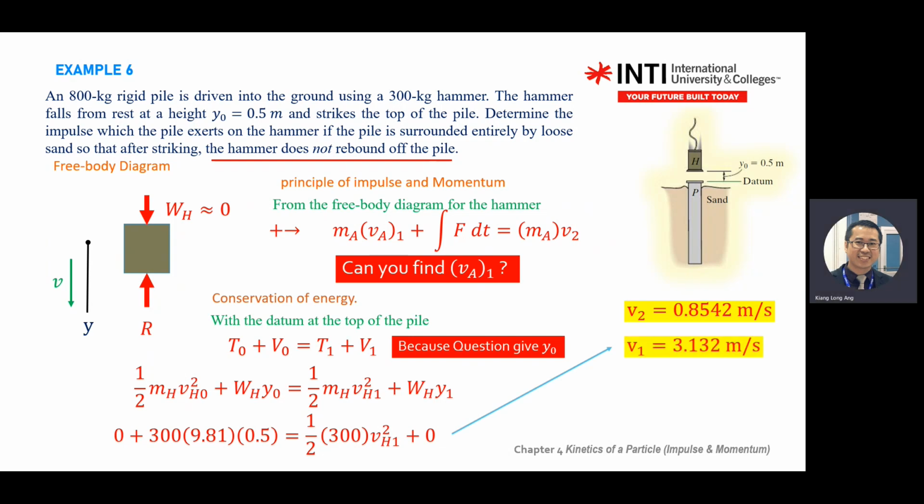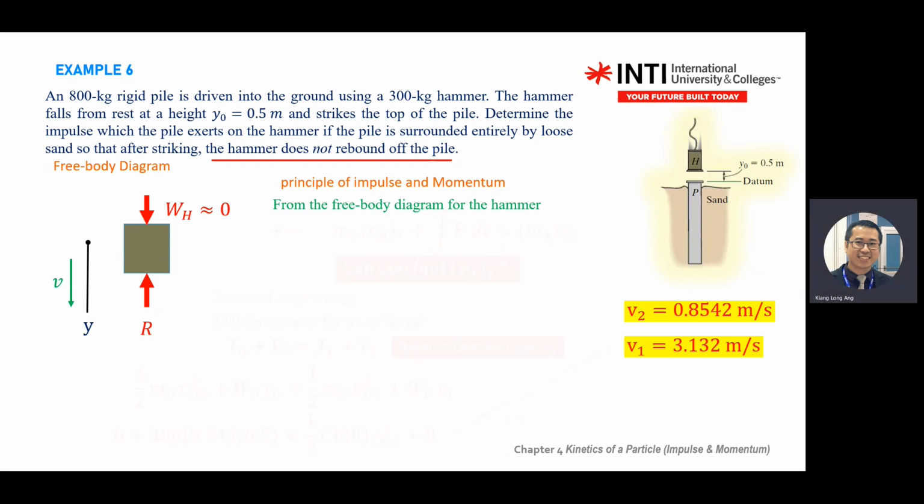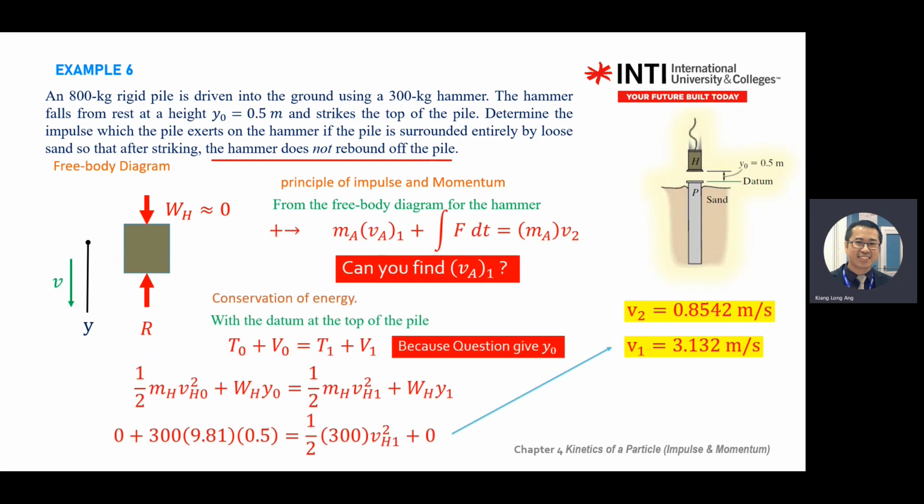So here, okay. So V1, V2, they are looking at just before hitting the sand, the pile, not from the top.